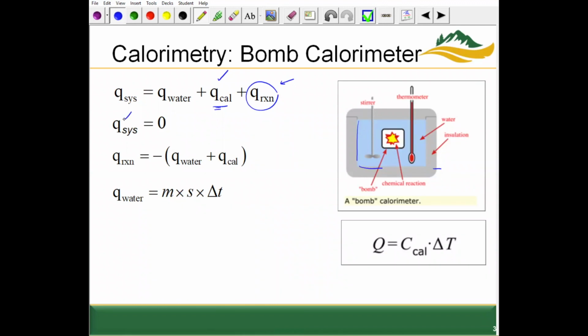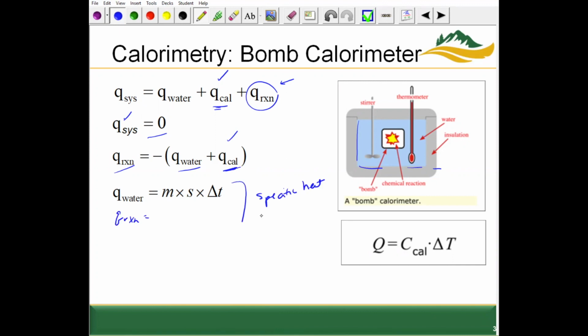Heat, which is a form of energy, can neither be created nor destroyed. It can only be transferred between objects, or from a reaction into an aqueous solution into the calorimeter material. So if the calorimeter itself is a necessary component to consider, then we're going to have the heat of the reaction, the heat of the water, and the heat of the calorimeter to consider.